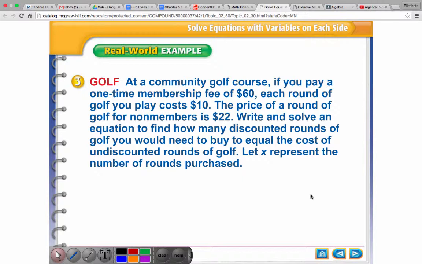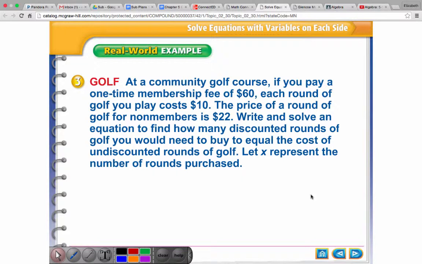Okay? So if we are a member, we pay a fee of $60, and we pay $10 every time we golf a round. So if I were to be a member and golf one time, that means I'm paying $70. If I were a non-member and I golfed once, it would be $22.